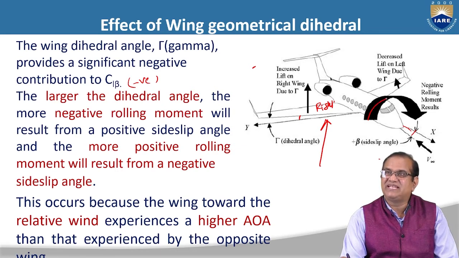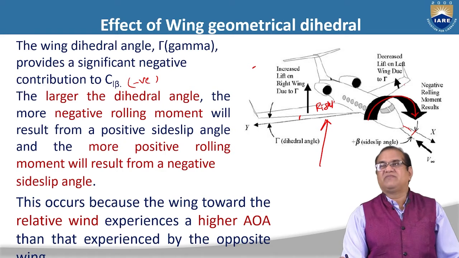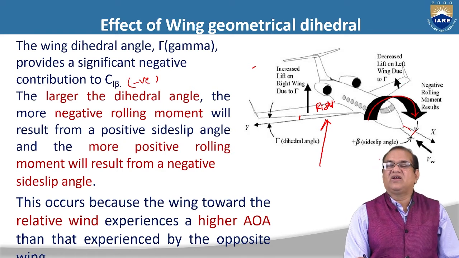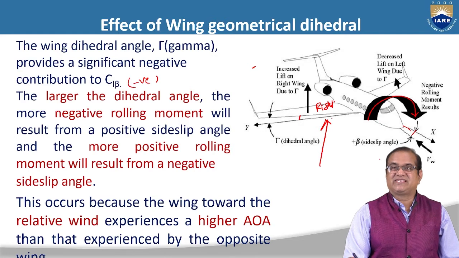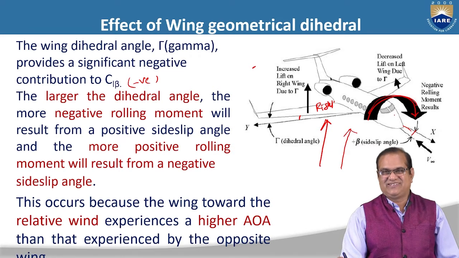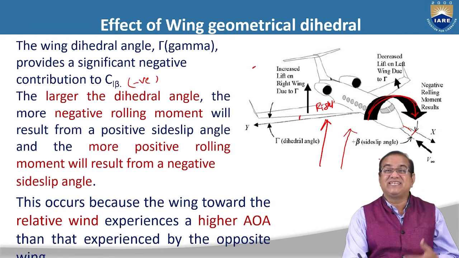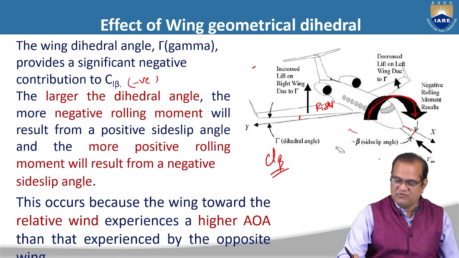The moment will be in this direction as shown. Rolling will be such that the left wing goes down and the right wing goes up. So the wind is coming from this direction and rolling happens in the opposite direction. So C_L beta is negative here. That we have to very much understand.